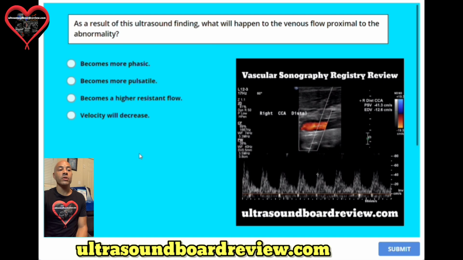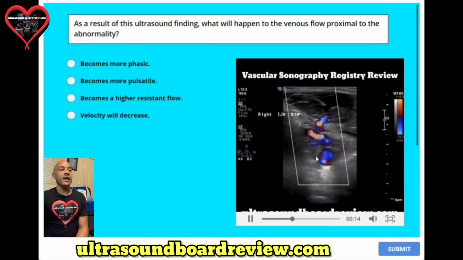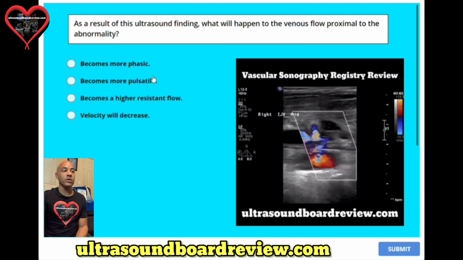This is called an AVM, or an arteriovenous malformation, and venous flow proximal to this abnormality will be more pulsatile.